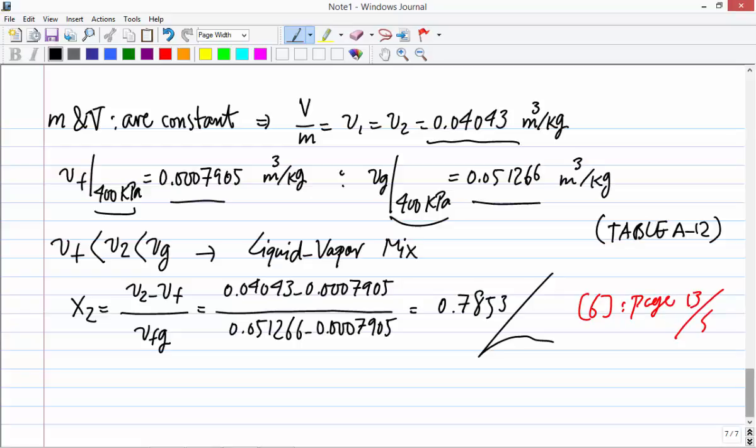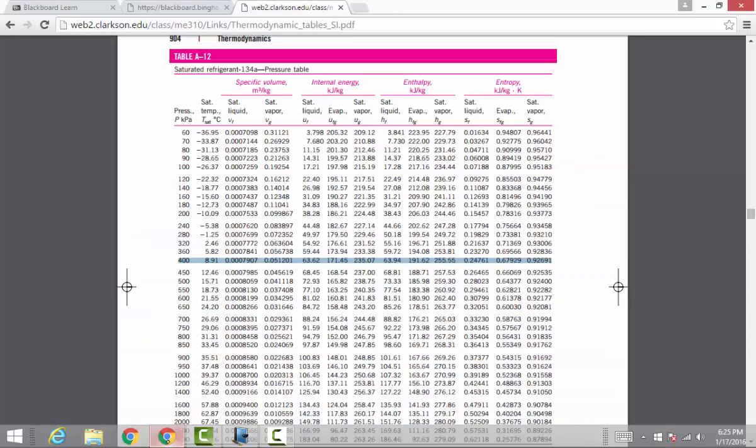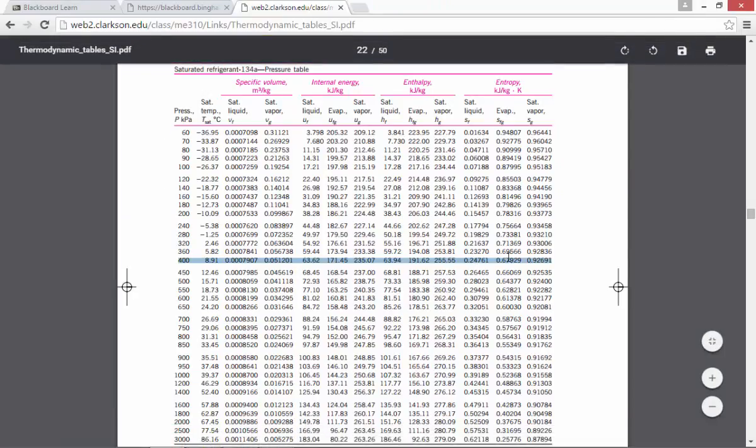Now I have x2, so again I can go back to the table. I know it's a mixture. Here's Sf, here's Sfg, and I know the quality.